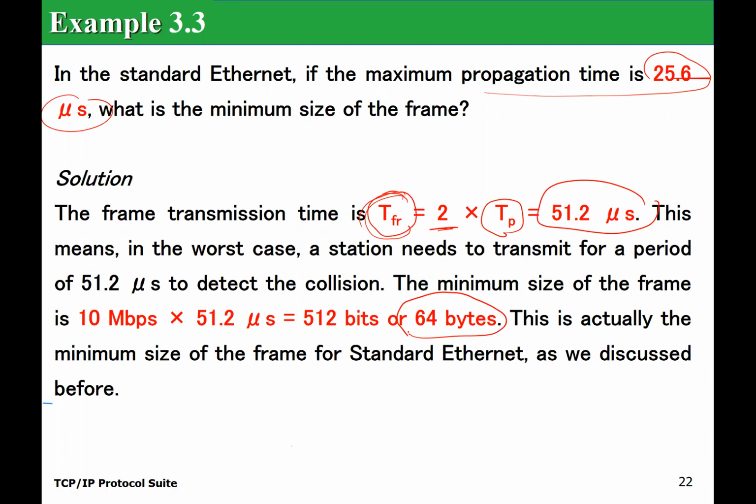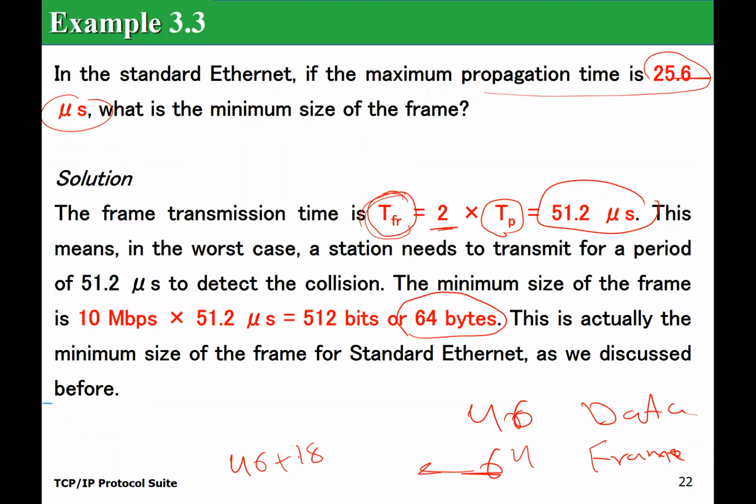So the total has to be 64. So when we say 46 data, or 64 for the size of the frame, it's because 64 is 46 plus 18. Remember the 18 is the header and the trailer. That's the total, and that's why we always have to add the 18.